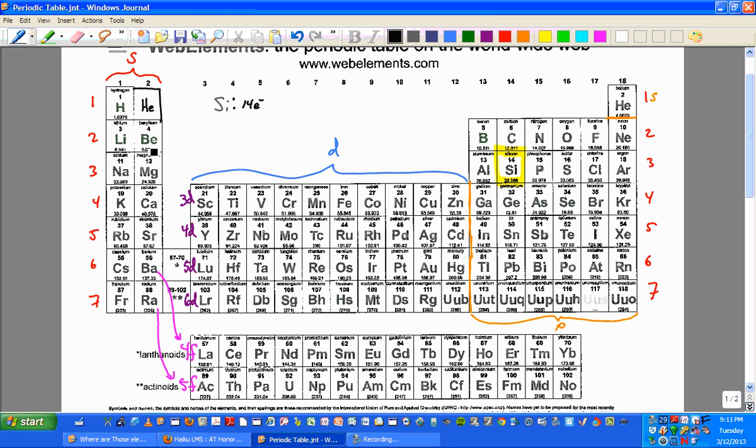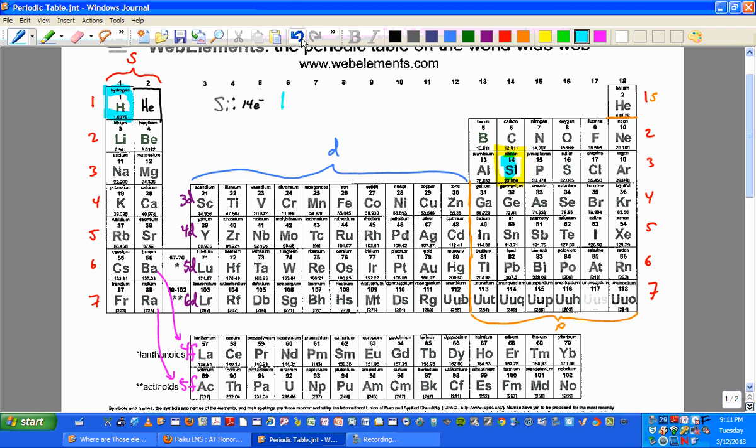So I need to go from here all the way to here, silicon. I start, as we always start the same way, at 1s.